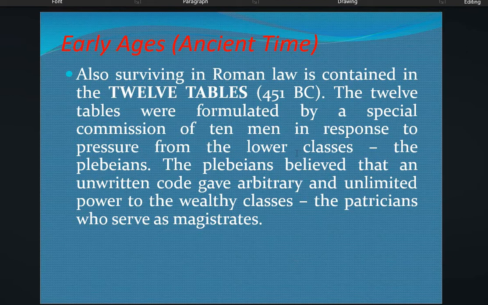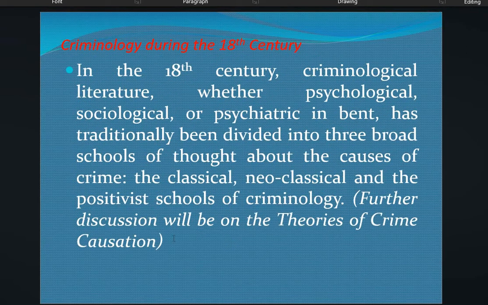So this is the division between the rich and the lower class. Okay? So they also had a guide of what is prohibited, what they could not do under the 12 Tables. This was during 451 BC, or before Christ.